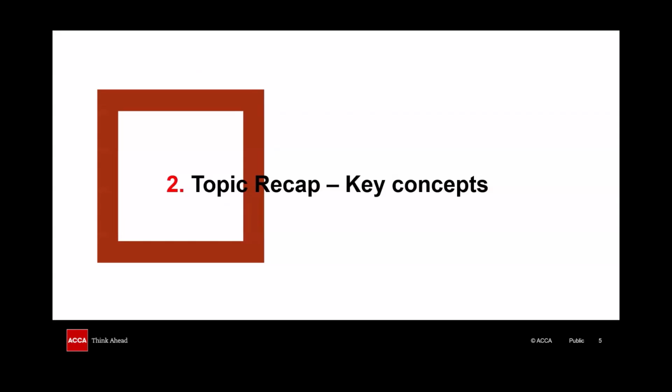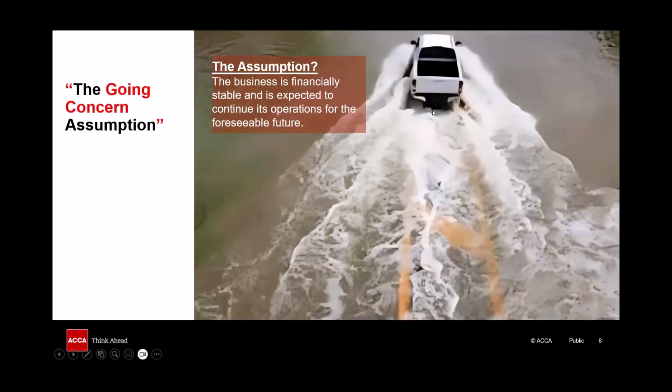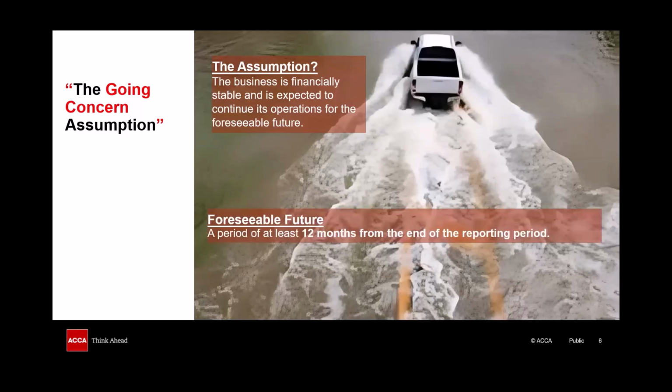So let's move forward towards the overview of the key concepts. Going concern is a fundamental assumption that helps an entity to prepare its financial statements. It is basically an accounting term that describes a business that is financially stable and is expected to continue operating in the near future, or as they say, the foreseeable future.